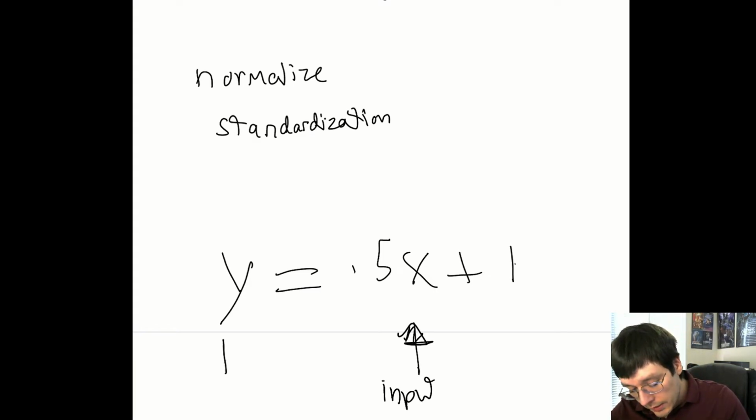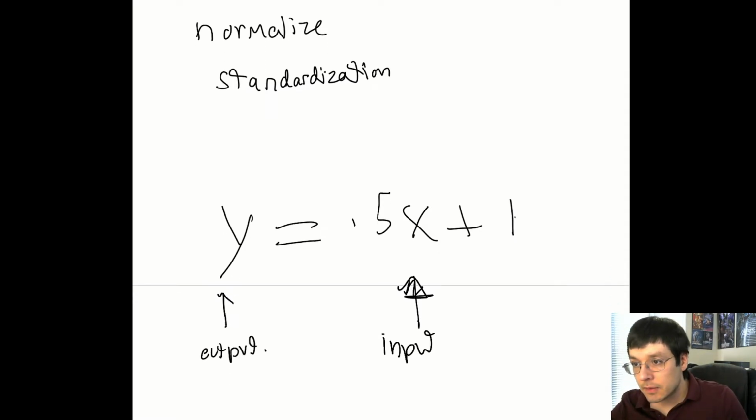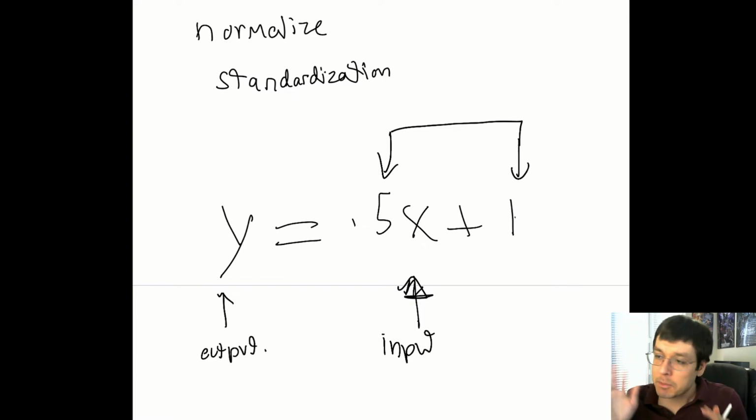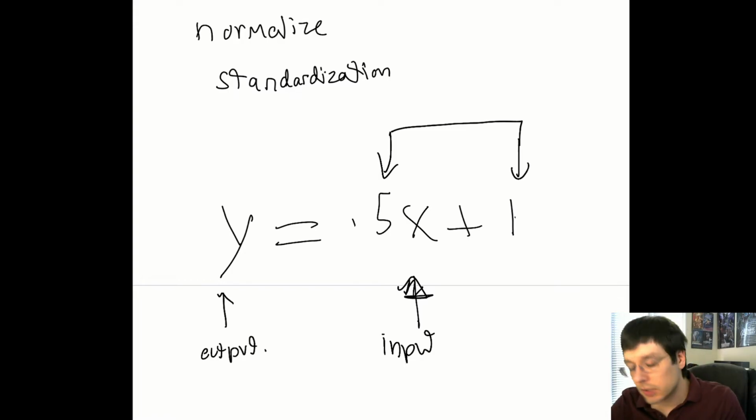This y is your output. These numbers are what it learned after you train it. That 5 and that 1 is what it literally learned and said, those are the best numbers that I can put there so that the y is correct most of the time.